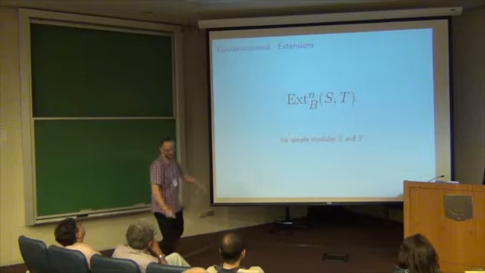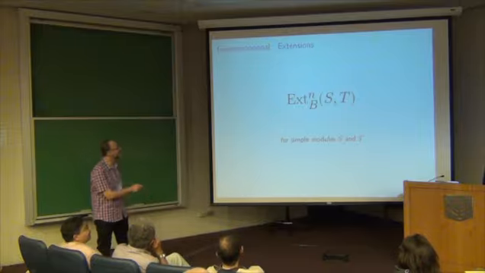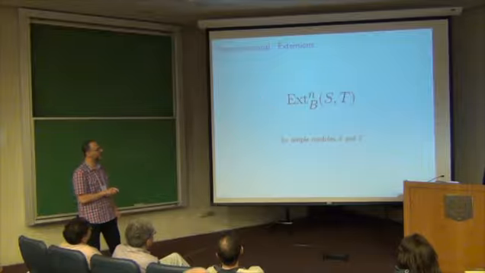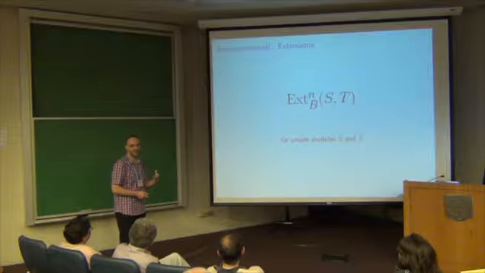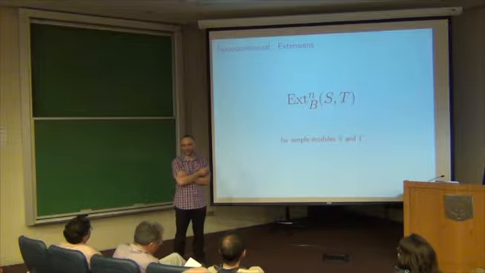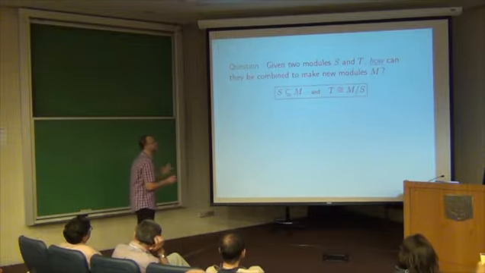So the goal of our project is to understand extensions. Given two modules for our semigroup, or for our monoid algebra, we want to understand the possible extensions of these modules. Now I know that this might not be something that's too familiar with this crowd, so let me describe what these are. The idea is that we want to answer a very natural question.